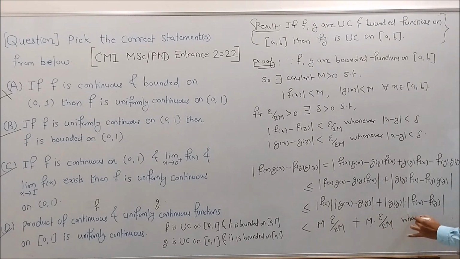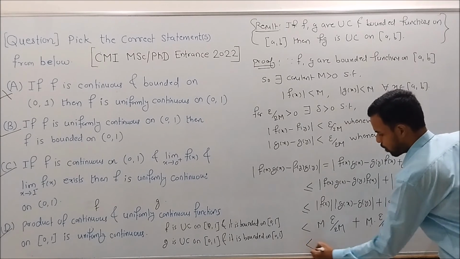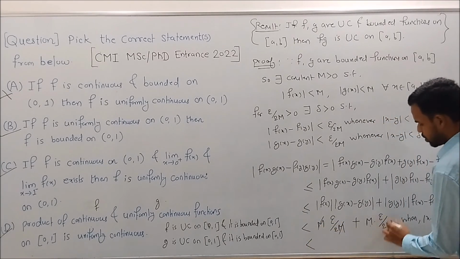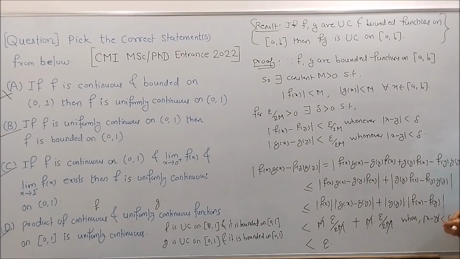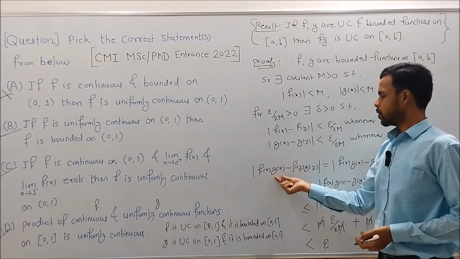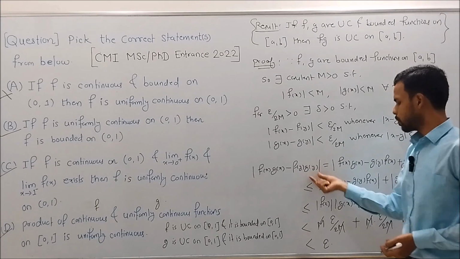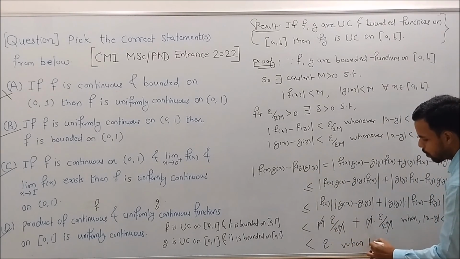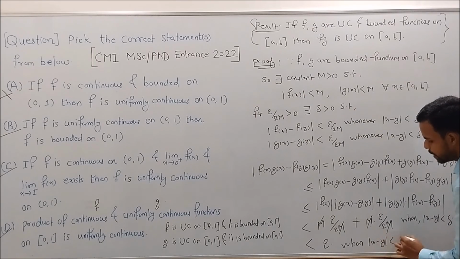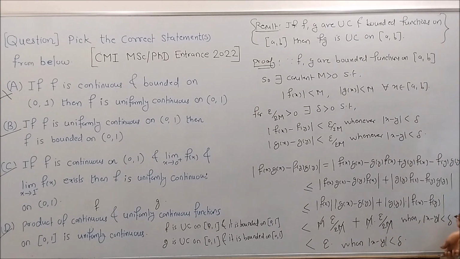This holds when mod of x minus y is less than delta. So overall it is less than epsilon. So mod of f(x)g(x) minus f(y)g(y) is less than epsilon when mod of x minus y is less than delta.